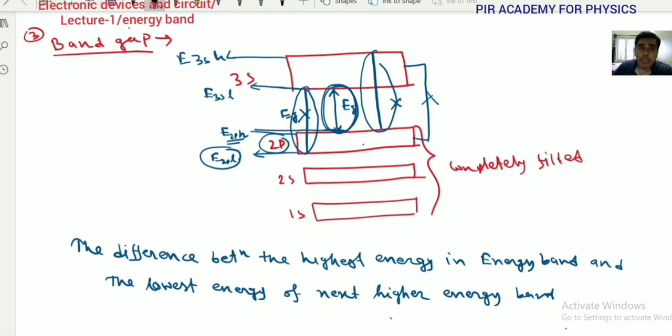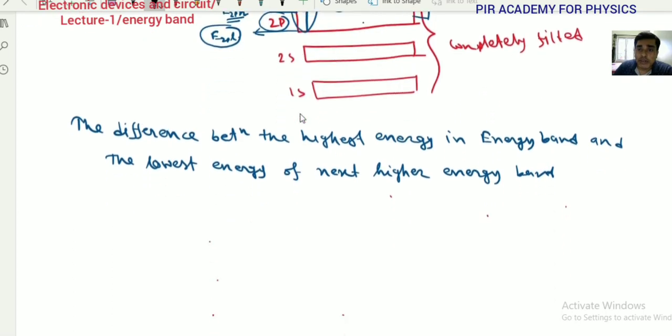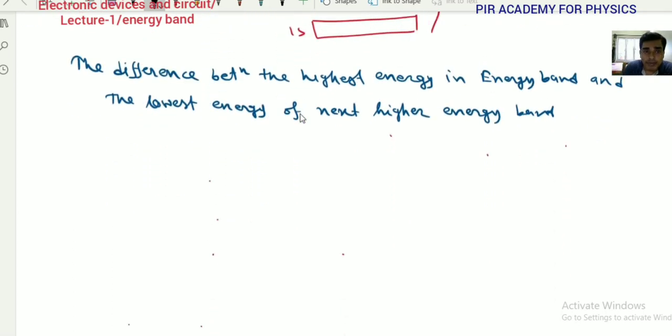Now you have to know what the conduction band and valence band are. Suppose this is a valence band. What is the valence band?